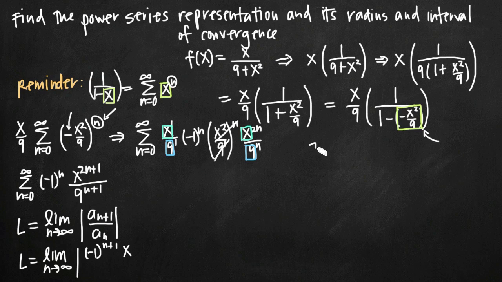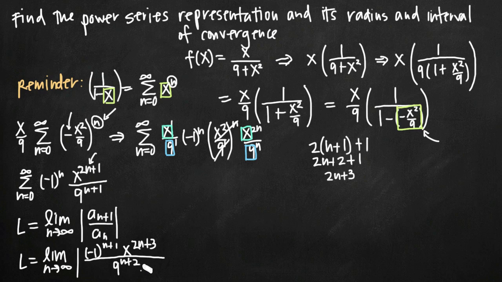When we plug n plus 1 in, we get 2n plus 2 plus 1, or 2n plus 3. So we have x to the 2n plus 3. Then we divide that by 9 to the n plus 1 plus 1, or 9 to the n plus 2. That's a sub n plus 1 that we got.